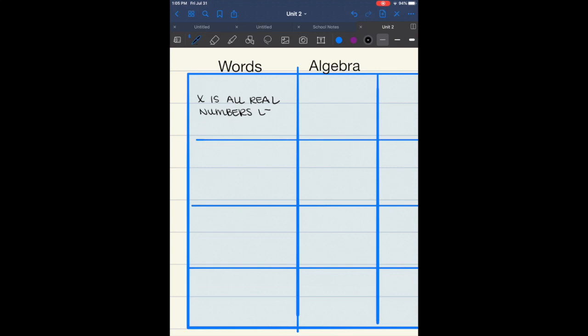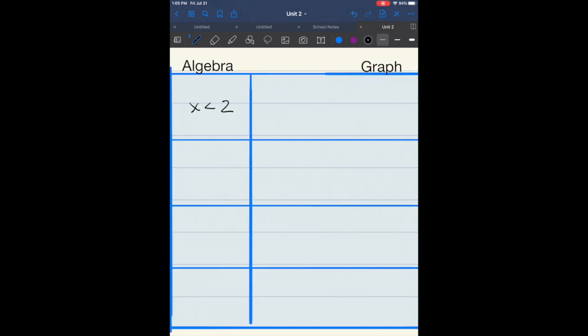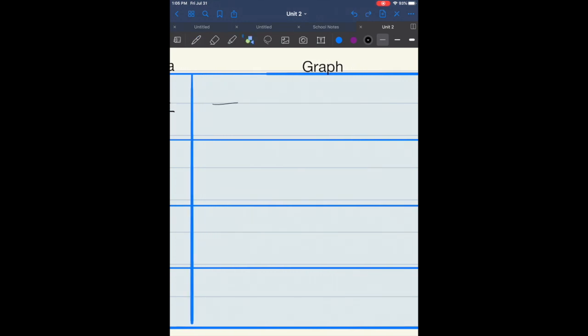So this one says x is all real numbers less than 2. So to write that out as an algebra, like in algebra words, it's x is less than 2, so the arrow was eating 2 since that's the biggest number in the sequence. Then we're going to graph it, so we're drawing a number line.